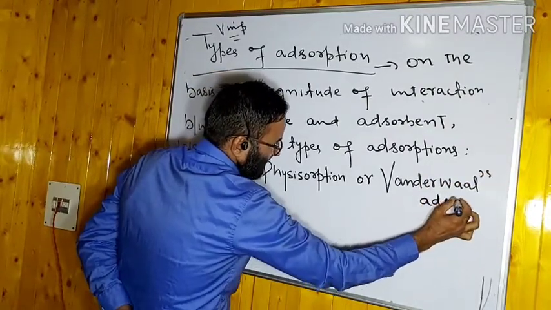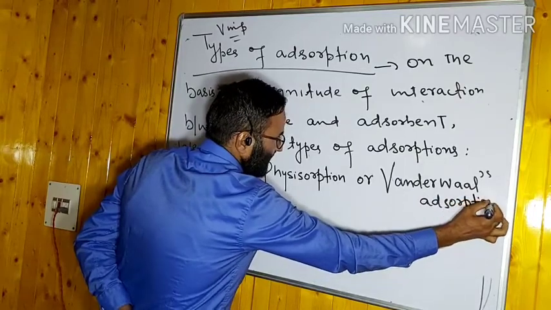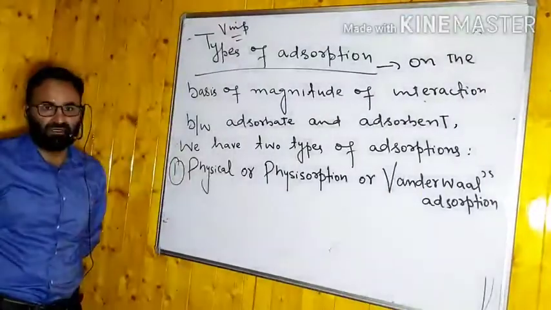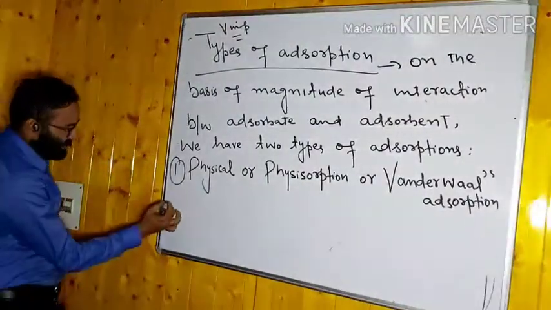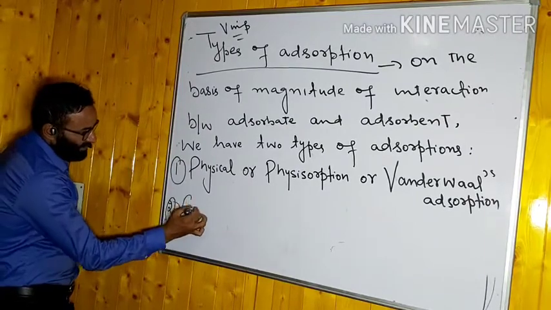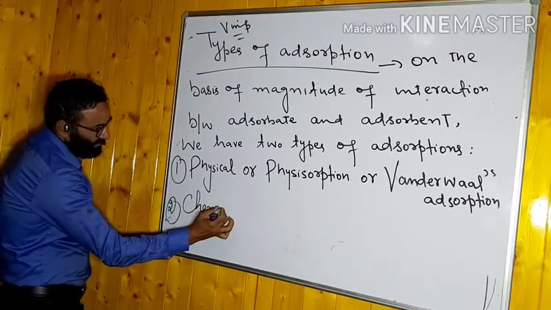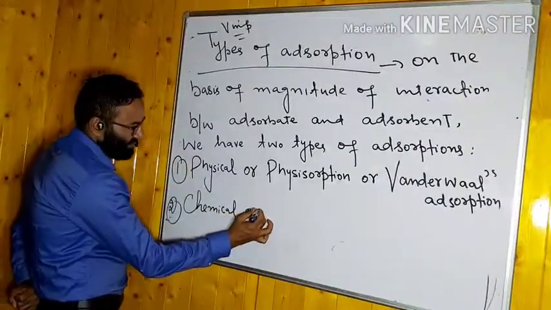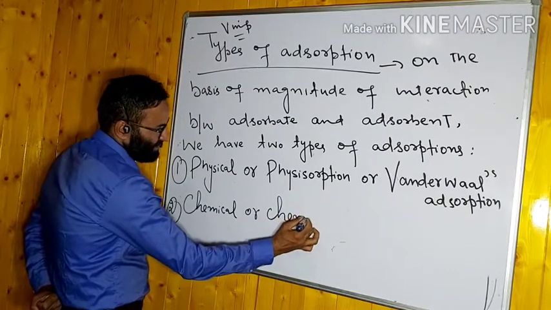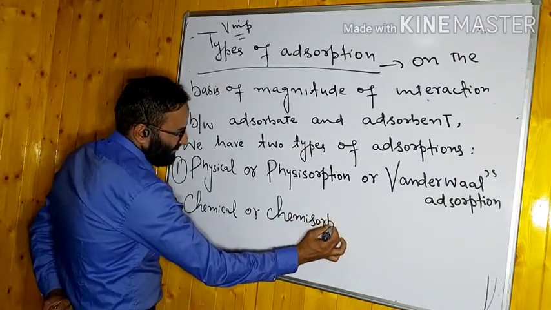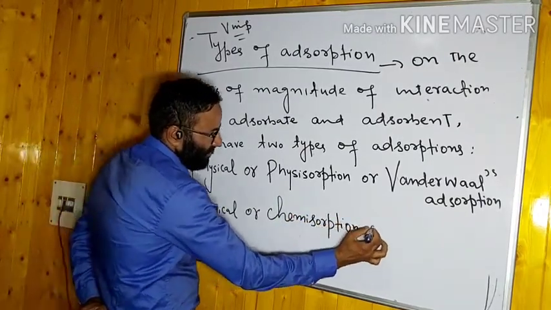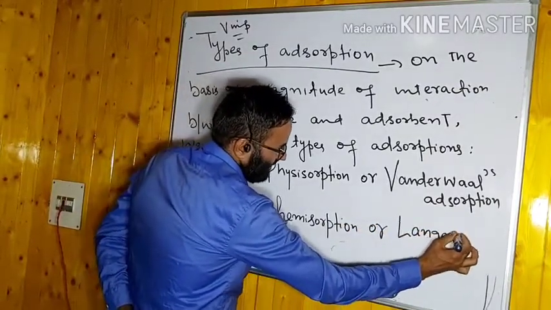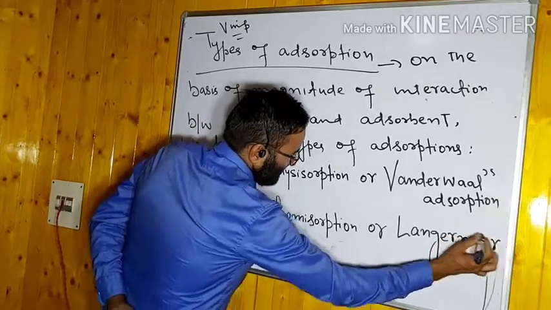It is clear from this name that the interaction between the adsorbate and adsorbent will be weak, of the van der Waals type, hence van der Waals adsorption. The second, we have chemical adsorption. This is an important question which comes in the exam. Chemical adsorption or chemisorption, or it is also known as Langmuir adsorption.